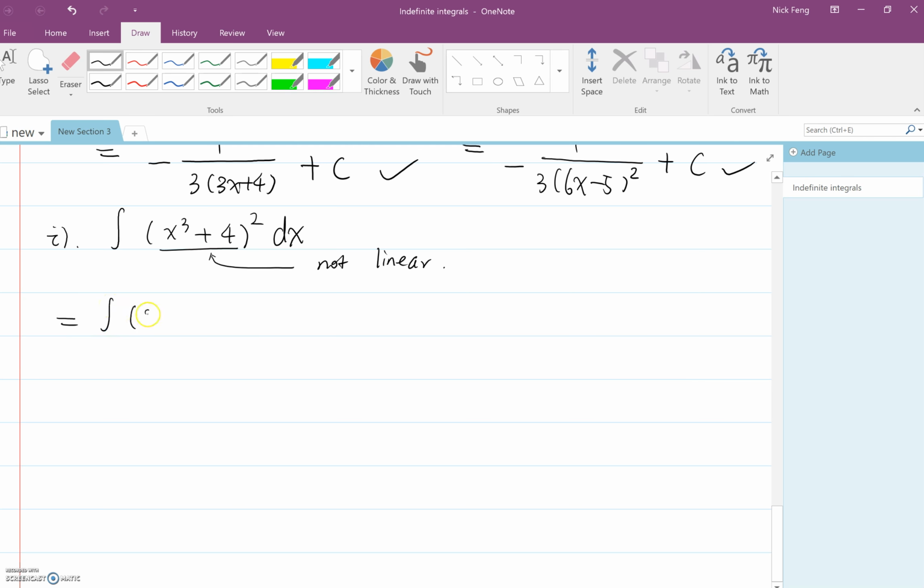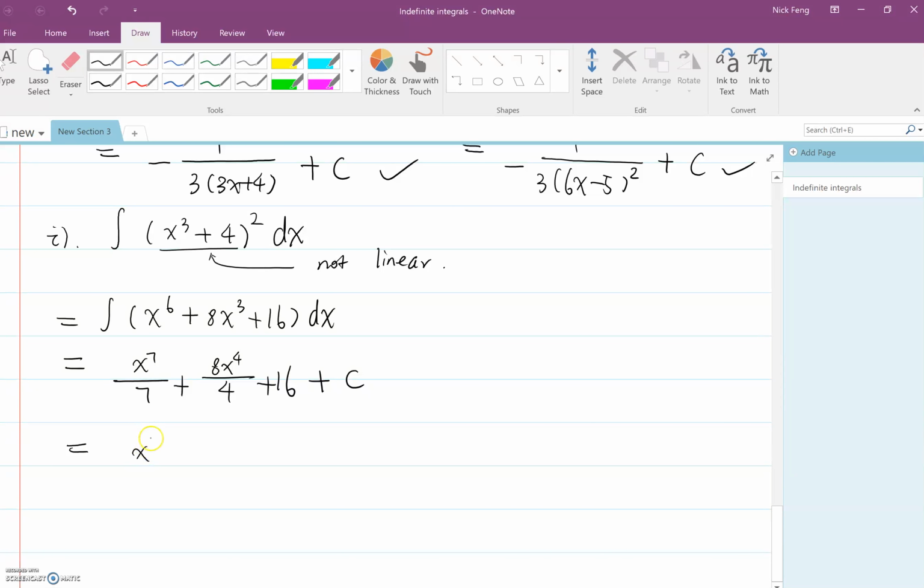So that will give us, this is a perfect square, a squared plus 2ab plus b squared, x to the power of 6 plus 8x cubed plus 16. And that is basically what we need to do before. We'll integrate this as the usual way, x to the power of 7 over 7 plus 8x to the power of 4 over 4 plus 16x, and don't forget plus c.